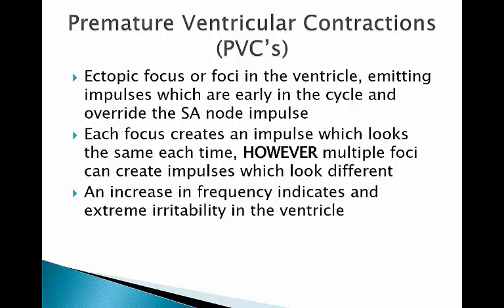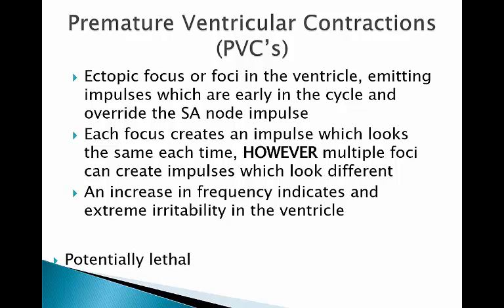So those premature ventricular contractions, or PVCs, would look different. If PVCs are more frequent, that means the ventricle's irritable, and chances are you've got some kind of electrolyte imbalance, potassium and/or magnesium. That's usually the problem.